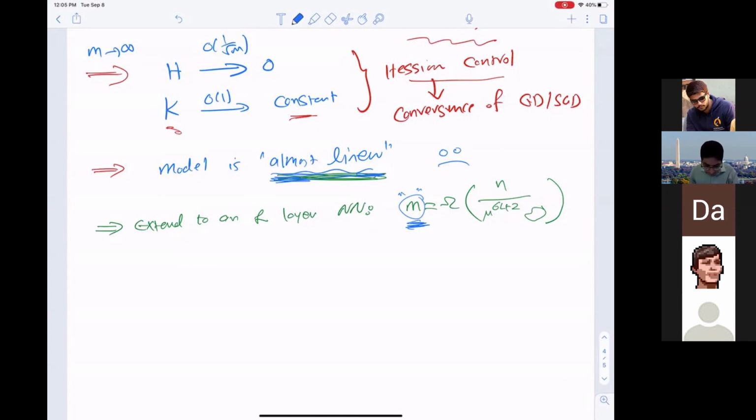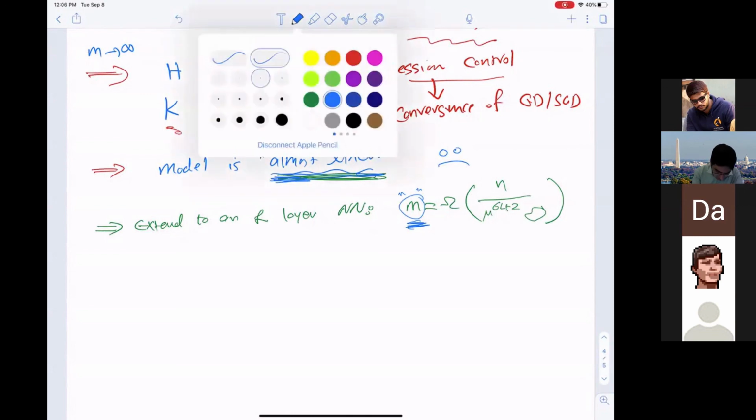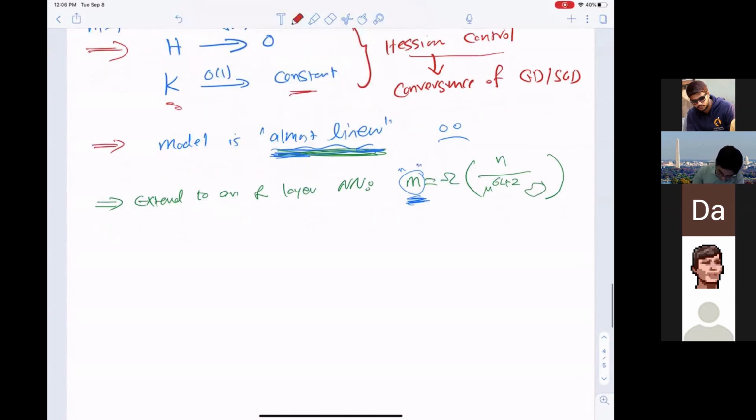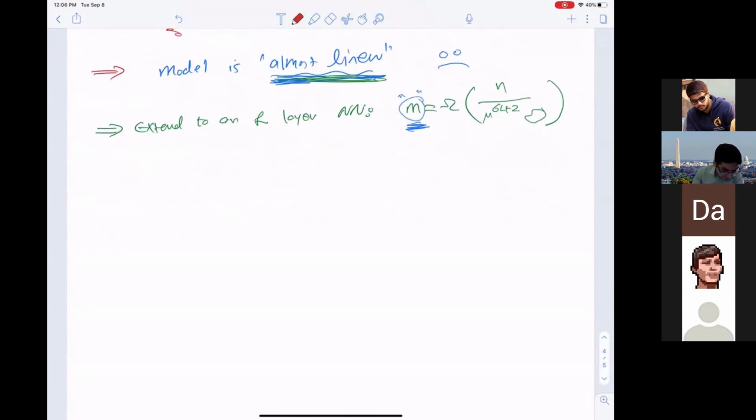But the approaches that we talked about, the conditioning, are in fact not limited to this view of linearizing the model. We can look at an example to see that they are more general than some other results in understanding over-parameterization.